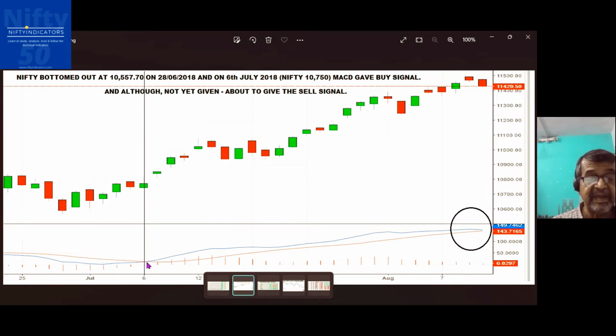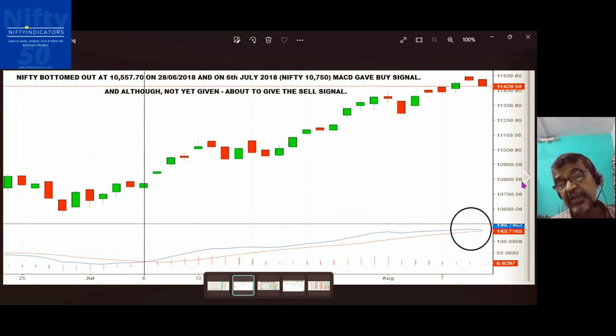It's giving a buy signal here on 6th of July. On 6th of July, Nifty is at 10,750, 10,800 level. It gives a buy signal there, and from there it starts moving up and goes up to 11,429 in first week of August.